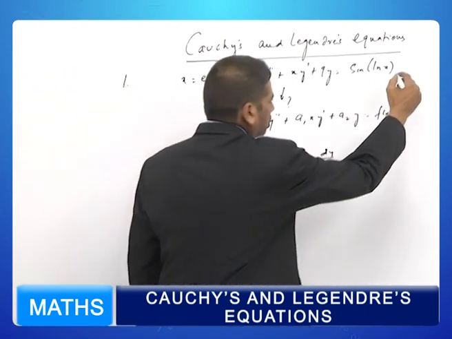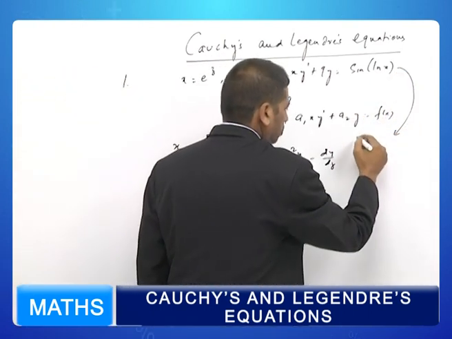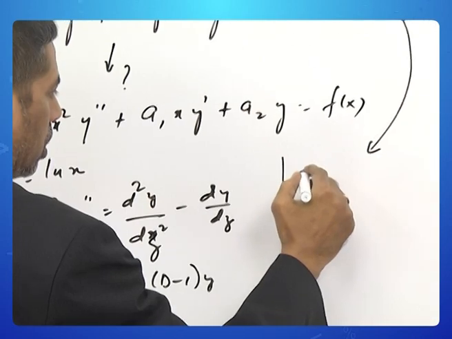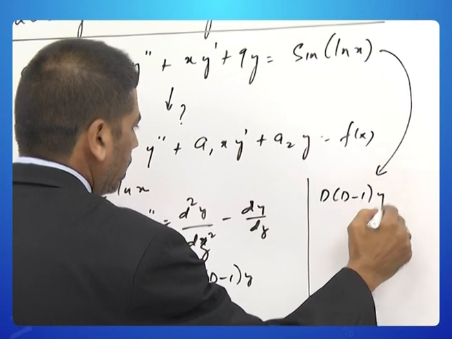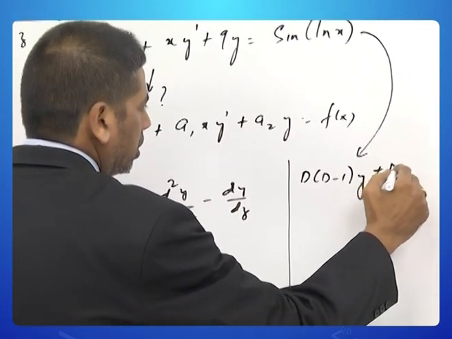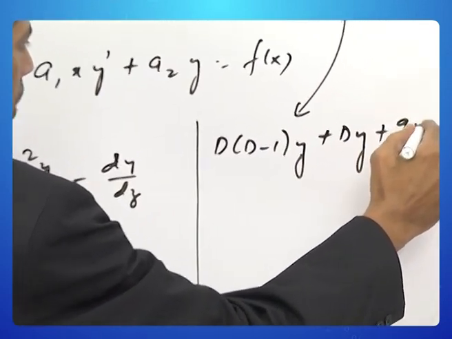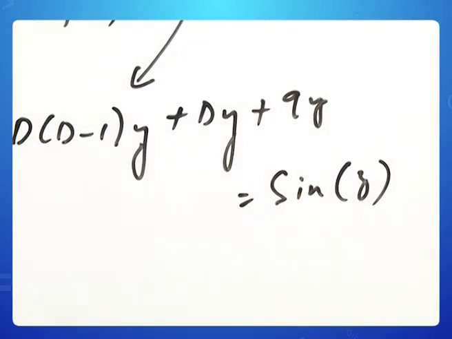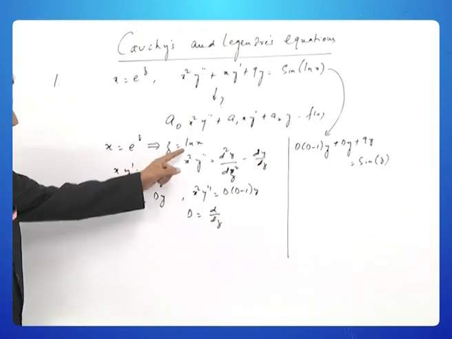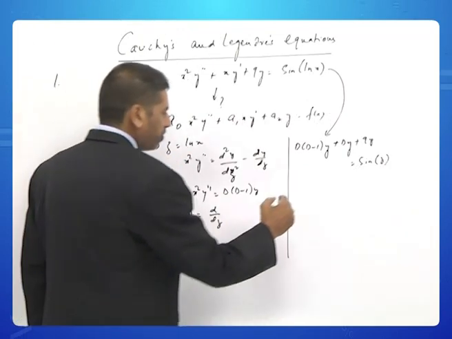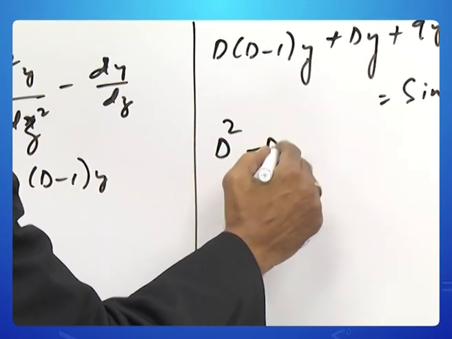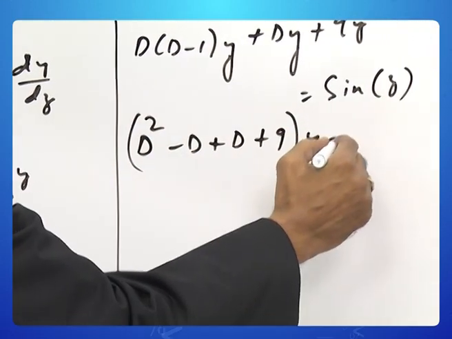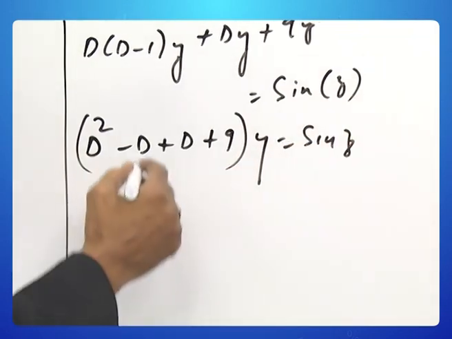Right. So, what will now happen? The given equation transforms as what? D into D minus 1 y plus Dy plus 9y is equal to sine z, because z is log x. So, if you simplify this, you will get D squared minus D plus D plus 9 into y is equal to sine z.